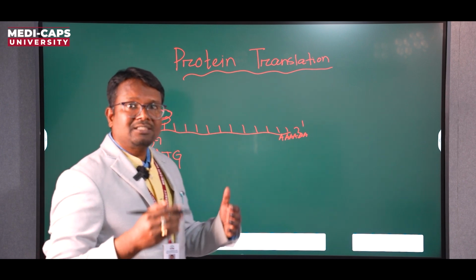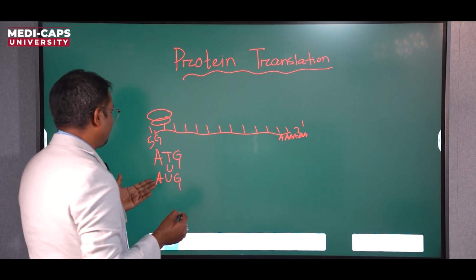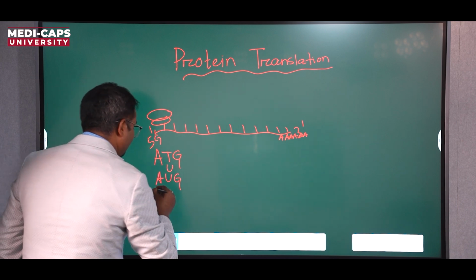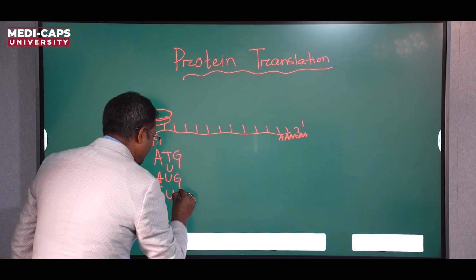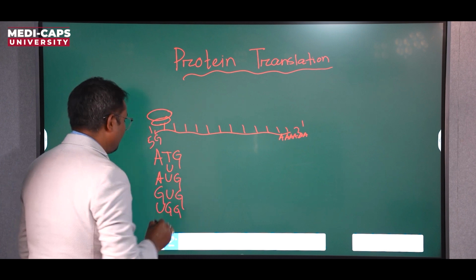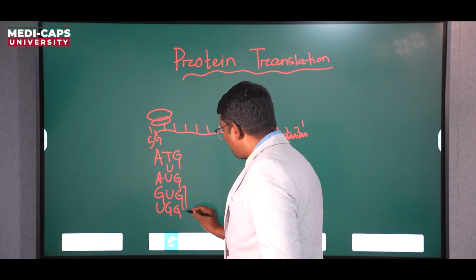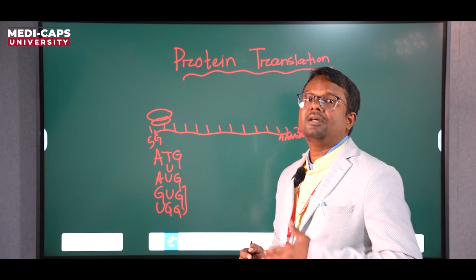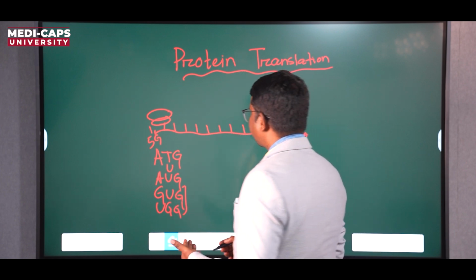And in a few cases, if there is no AUG start codon, there will be GUG and UUG. Another two codons are also used as start codons in the protein translation machinery.